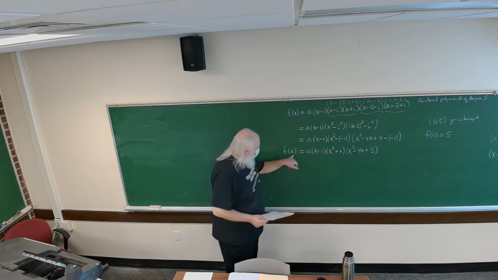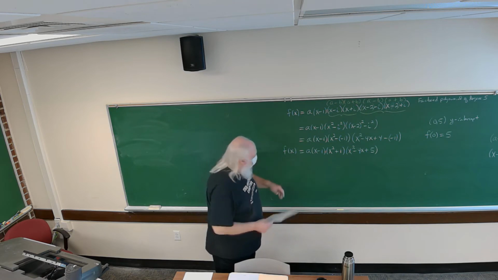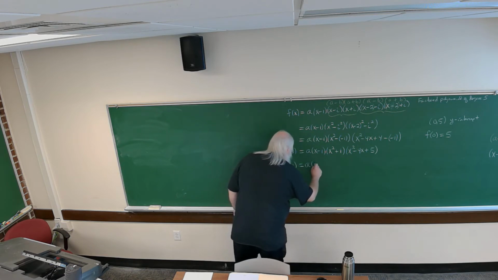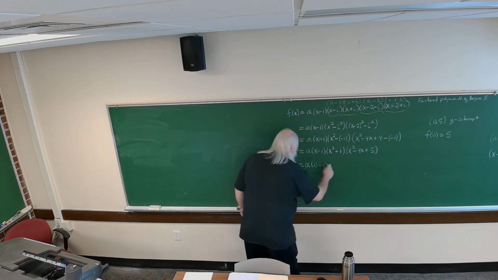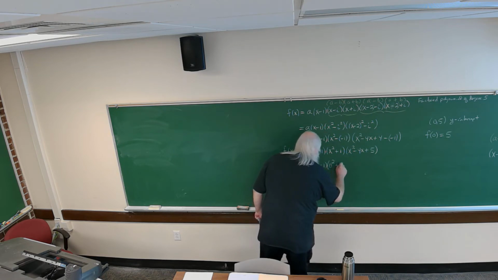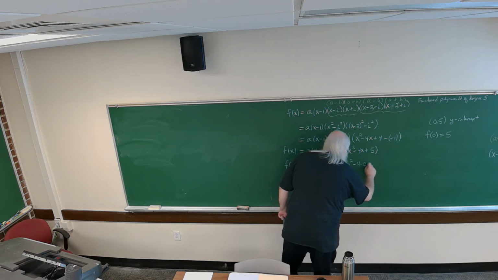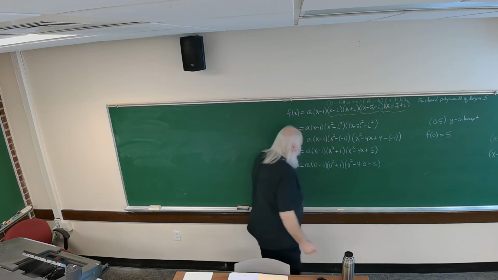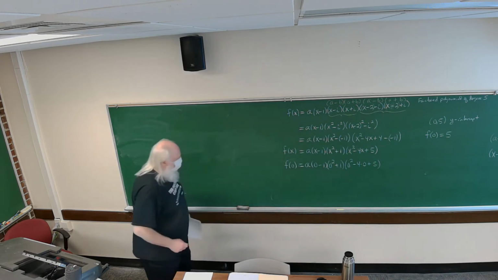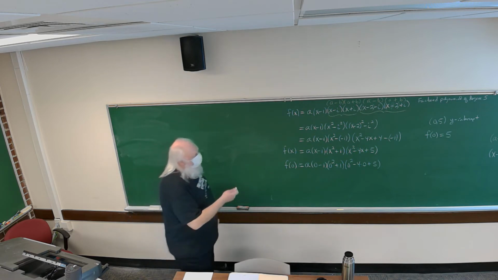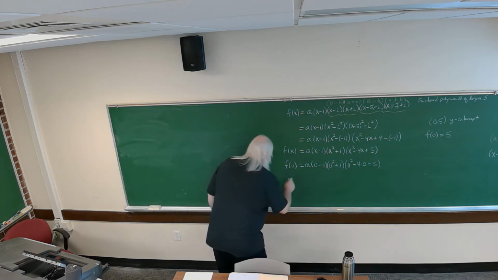So, plugging in 0 for x here, on the left and right hand side, we have f of 0 is equal to a times 0 minus 1 times 0 squared plus 1 times 0 squared minus 4 times 0 plus 5. Well, f of 0 is equal to 5.